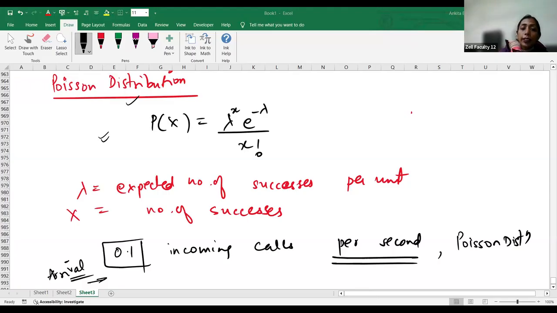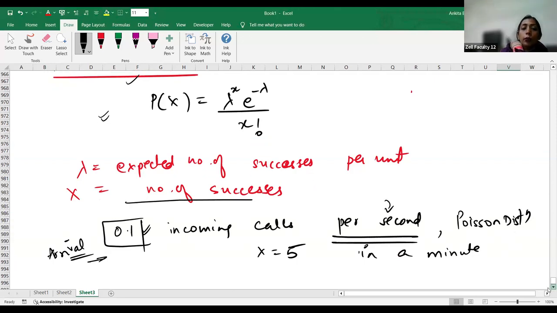What is the probability that in a given minute, exactly 5 phone calls will be received? So how many successes do you want? 5. Exactly 5 calls. In how much time? In a minute. So you know that there is 0.1 phone call per second.